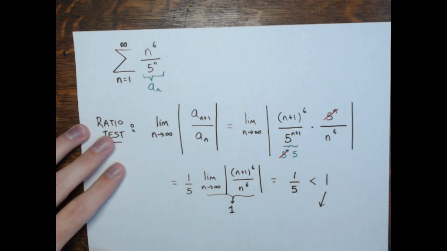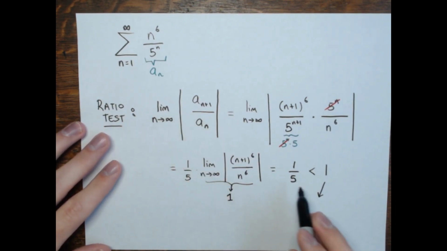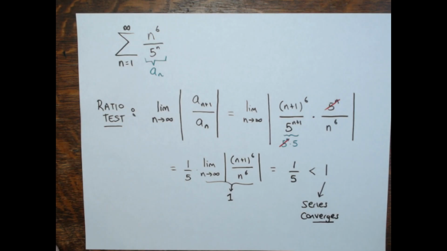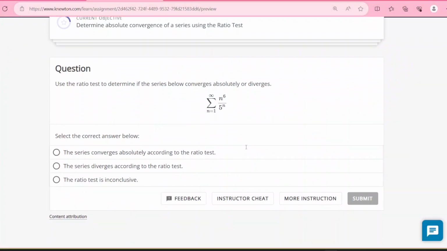Again, I wrote this up before, or showed you before. If this limit is less than 1, the series is absolutely convergent, and therefore convergent. The series converges by this ratio test. What it converges to, I don't know.